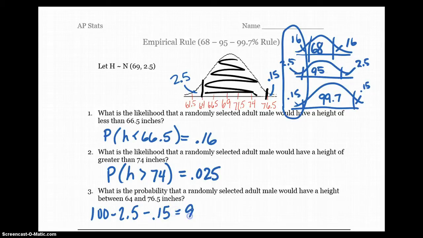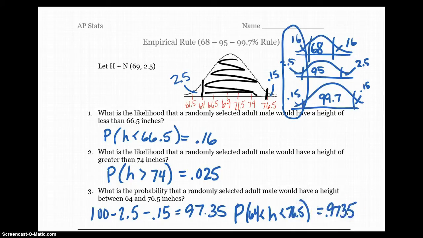Okay, so here you get 97.35 for the probability that the height is greater than 64 and less than 76.5, which is 0.9735. Now there's lots of other ways to use this rule and these pictures, but I like to work in the tails, but you're welcome to do it other ways.